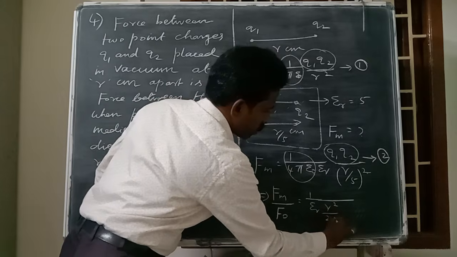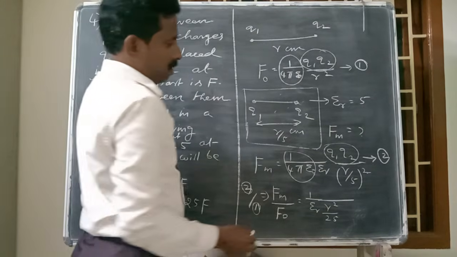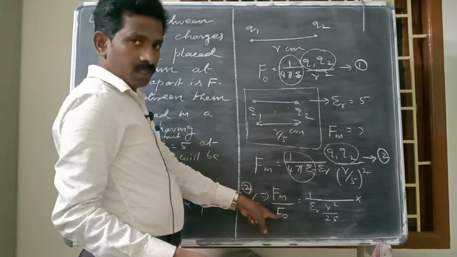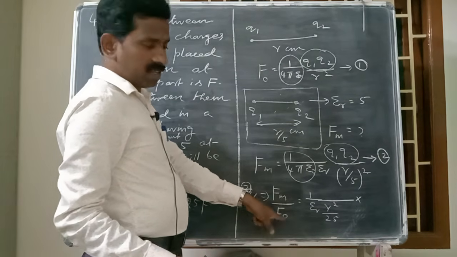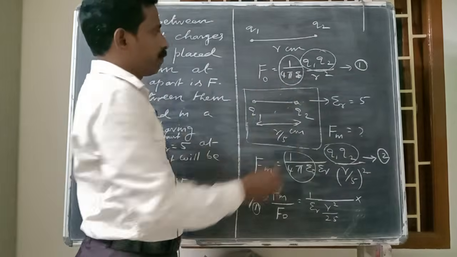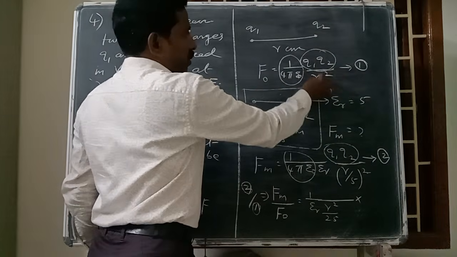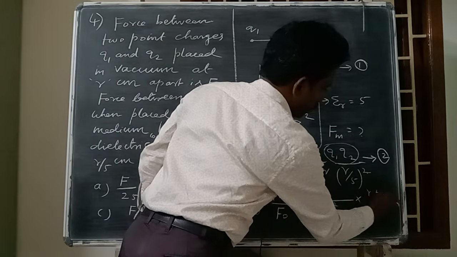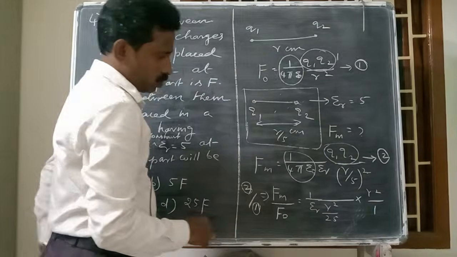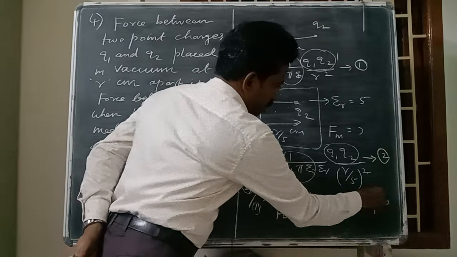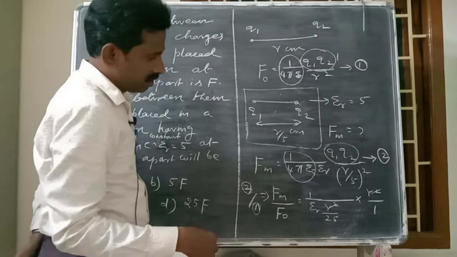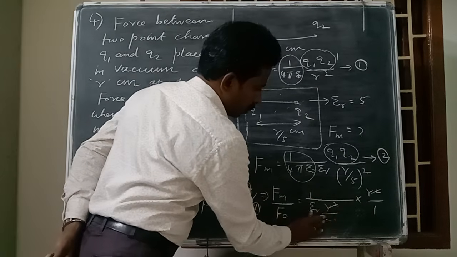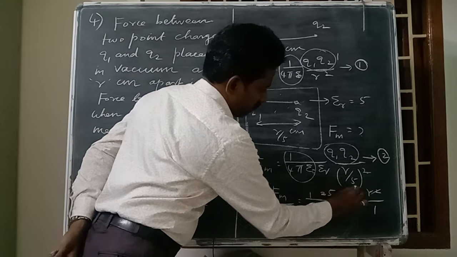So r squared by 25, into reciprocal of this, because we are dividing. So instead of dividing, we can multiply by its reciprocal. What is remaining here? 1 by r squared is there. Now we can write r squared by 1 reciprocal. So r squared, they get cancelled. Remaining this 25 will go to numerator, 25.